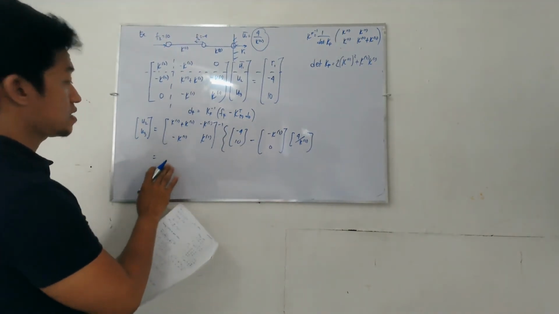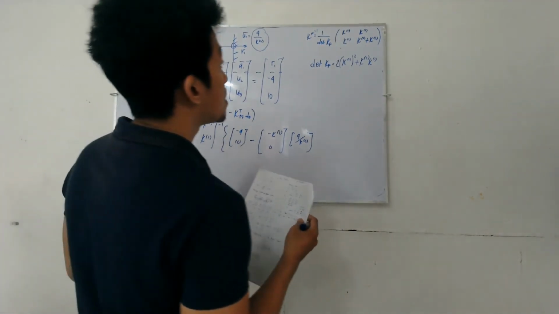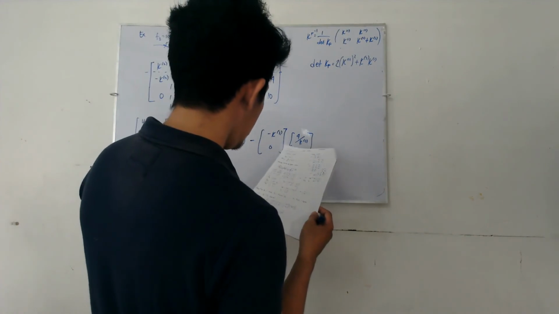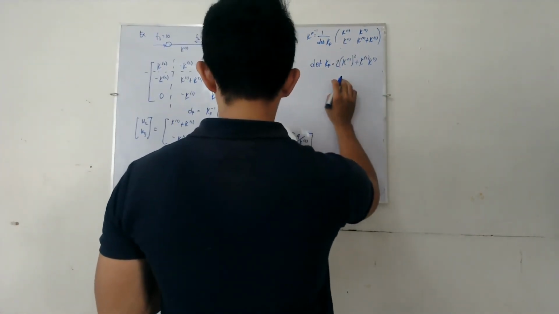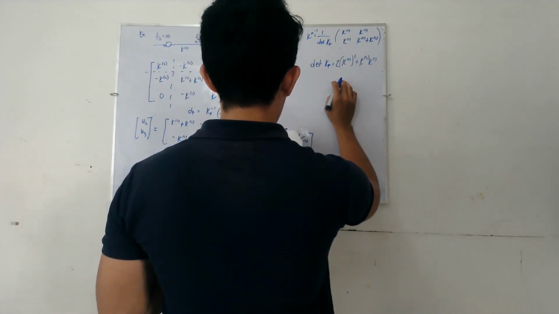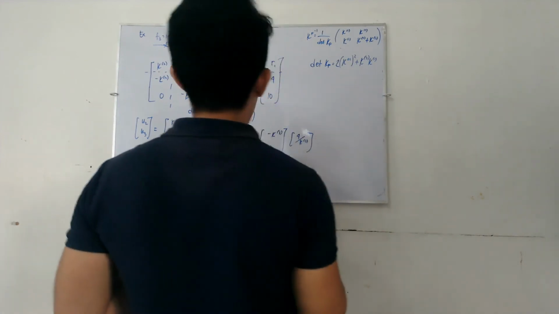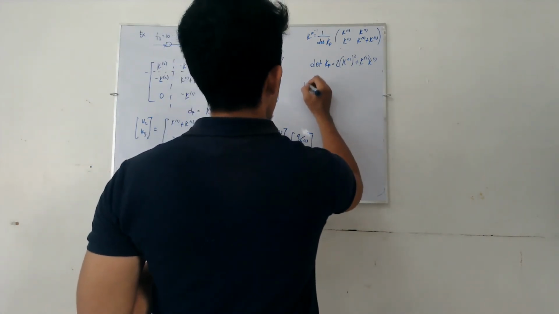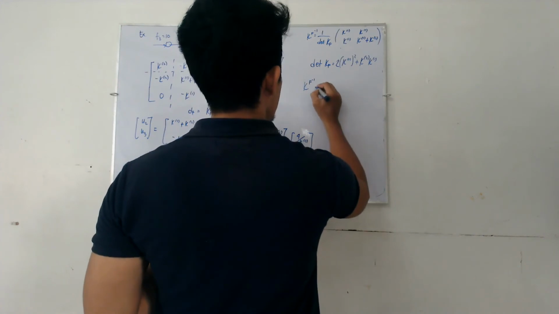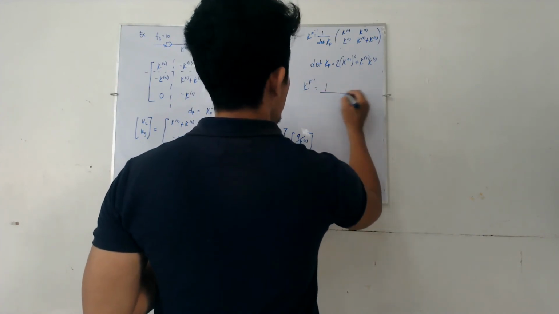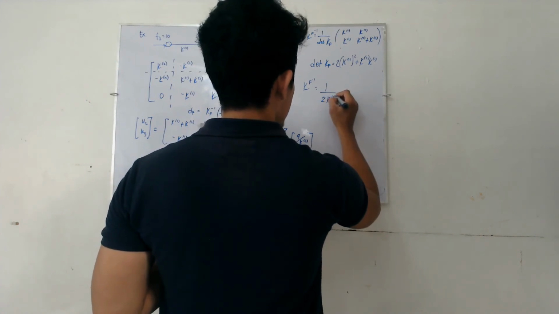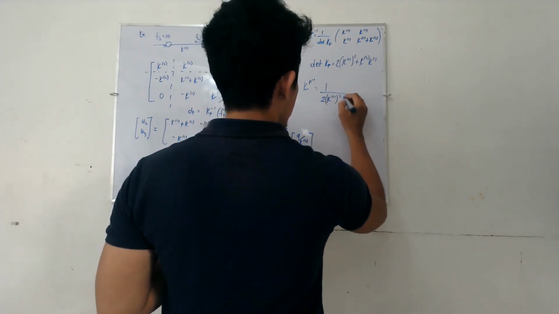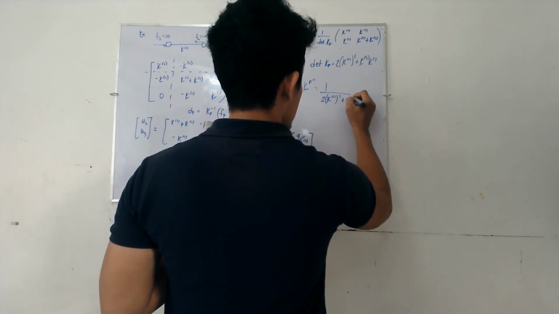Solve na dayon nato na. And then, i-divide na din siya. Sabihin nato ang K_F inverse is 1 over 2 K1 squared plus K2.